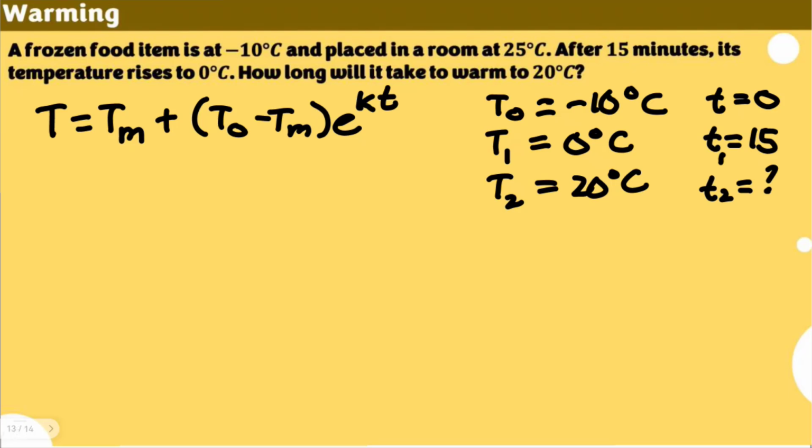For situations like this, it would be easier for us to come up with a table. So allow me to provide a table: t for time and then the temperature of the object. At 0, it was negative 10 degrees Celsius. At 15 minutes, it increased to 0 degrees Celsius. And obviously, it's being warmed.